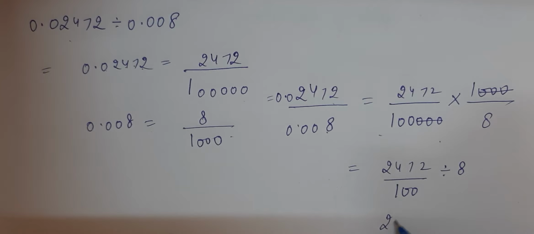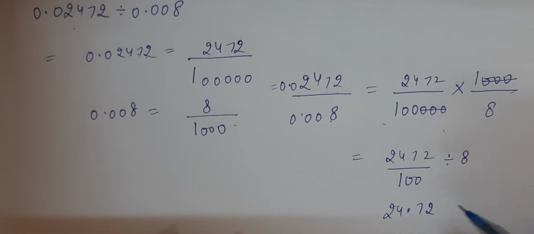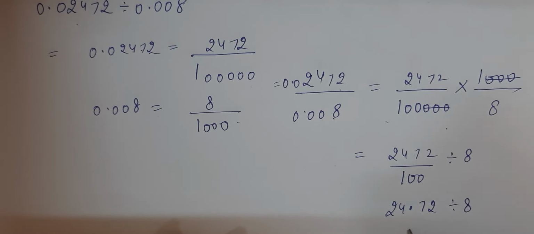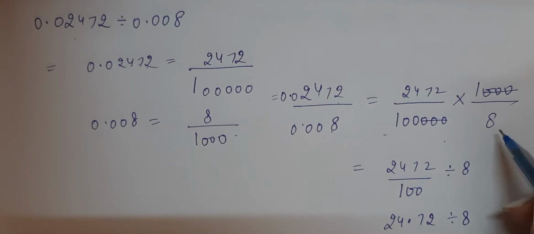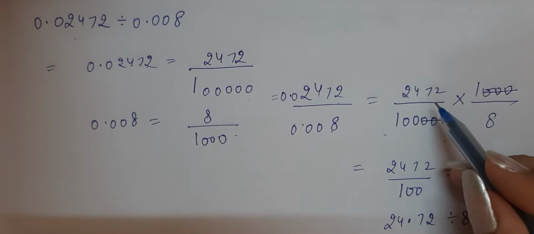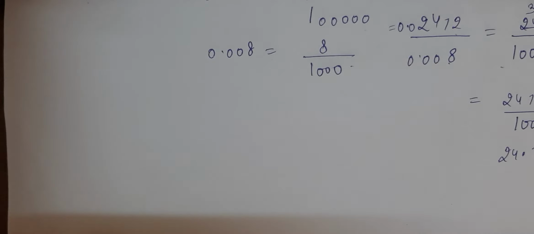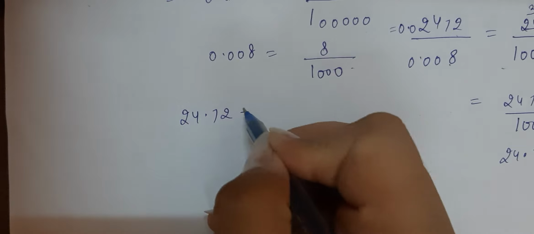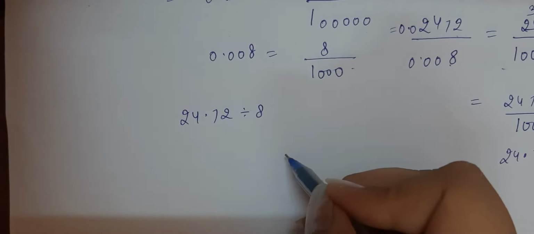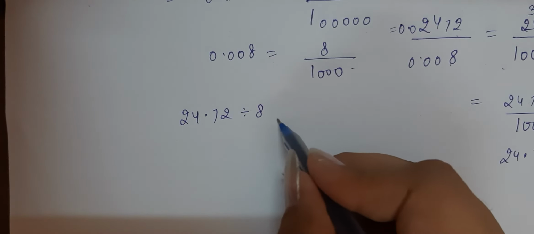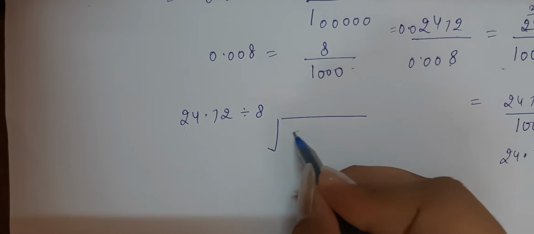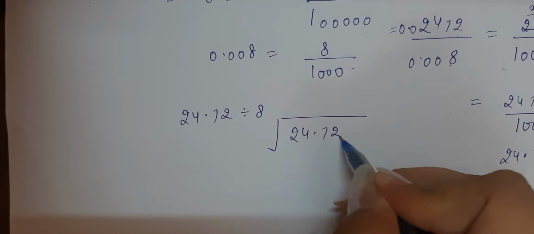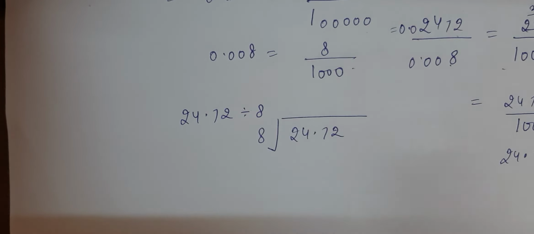So 24.72 divided by 8. Now you can do the division method, or you can directly cancel the terms here also. Now I am performing the proper division method so that it will be easier for me to divide. So I am taking the division term 24.72 divided by 8.